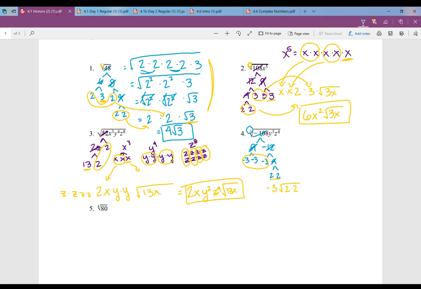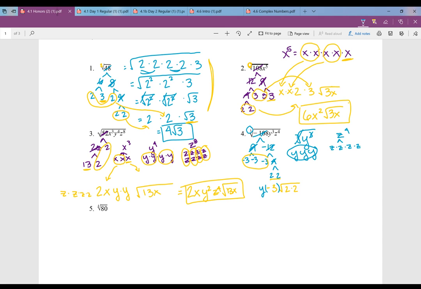Okay, now let's look at y cubed. Well, we know that the cubed root of y cubed, that's going to cancel out, right? If we have 3 y's, that's one group of 3, so we can pull the y out front. Okay, so we have negative 3 times y, and then we have z to the 4th. Z to the 4th is z times z times z times z.